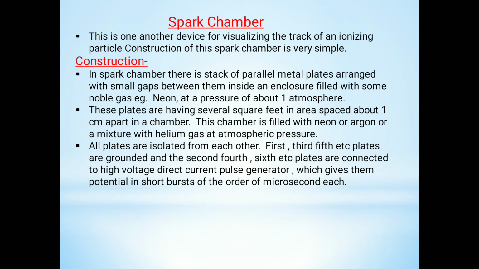Means the parallel plates placed in the chamber are alternately connected: the first, third, fifth are grounded, whereas the second, fourth, sixth are connected with the high voltage direct current pulse generator.